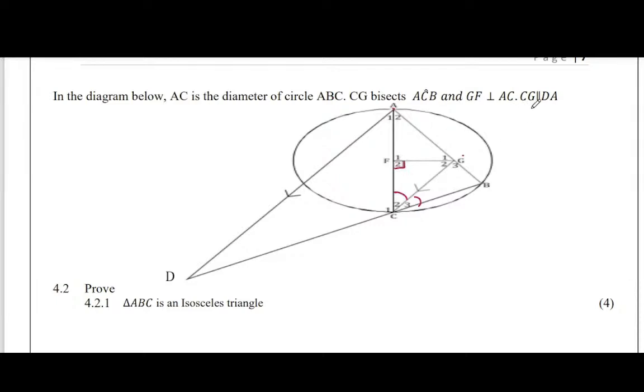And then CG is parallel to DA. DA and CG, they are parallel. That has been indicated for us.